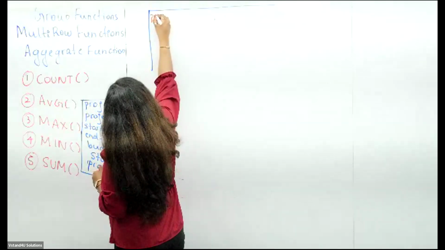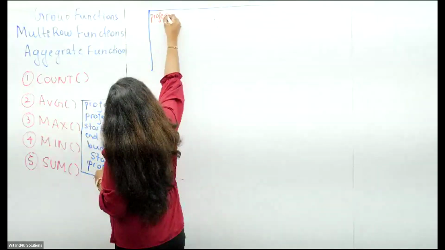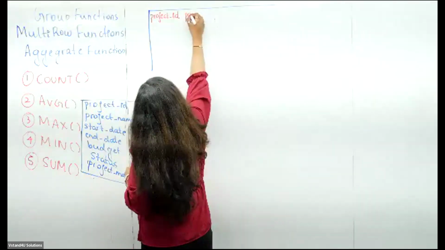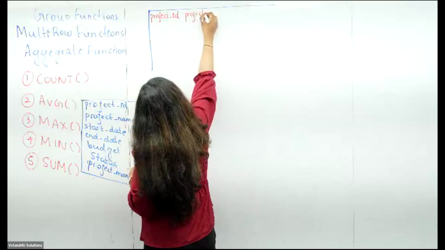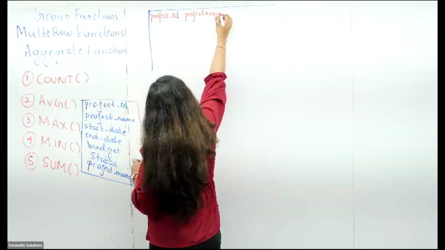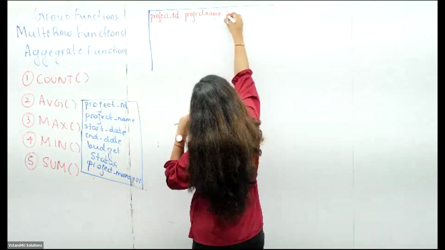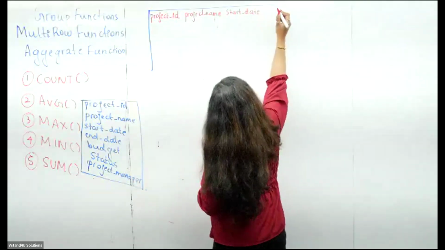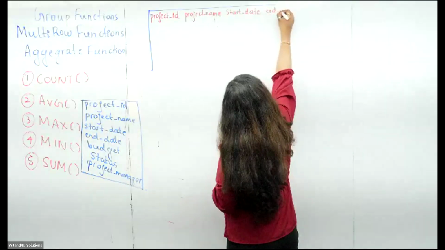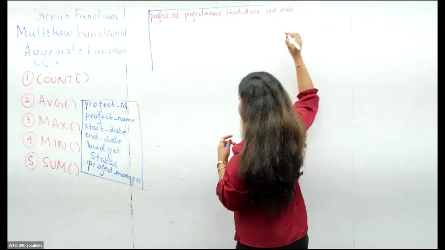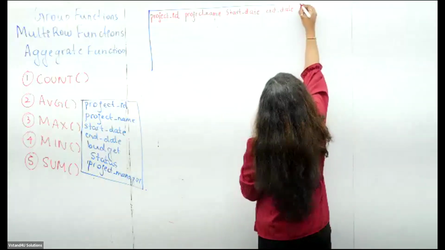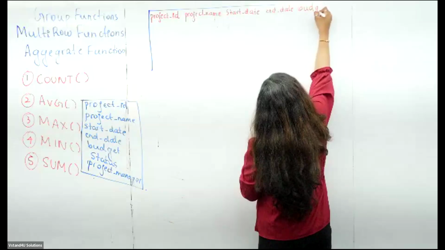Okay, first one, you are supposed to have what column? Project ID. Then project name. Then the start date. Then end date. Then you are supposed to have something called budget.